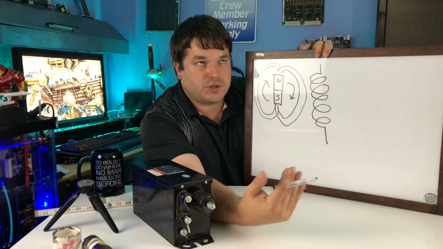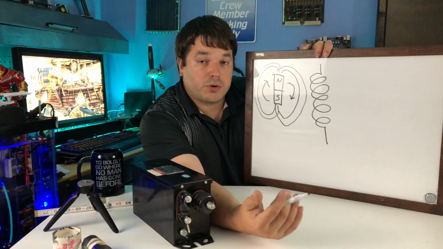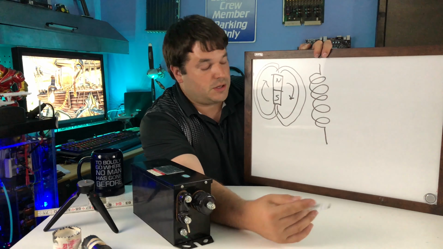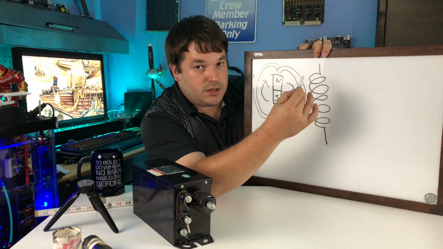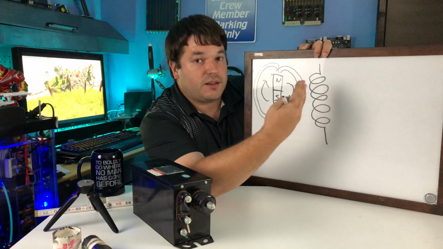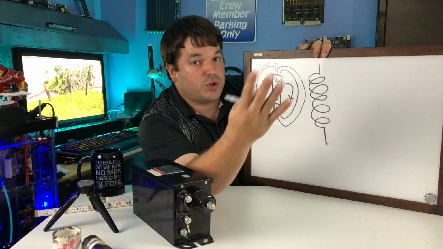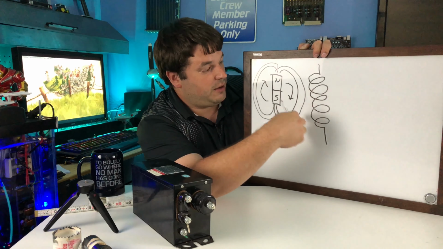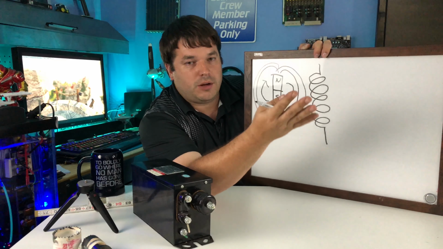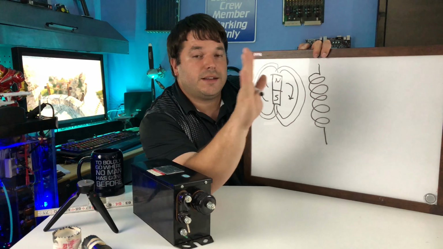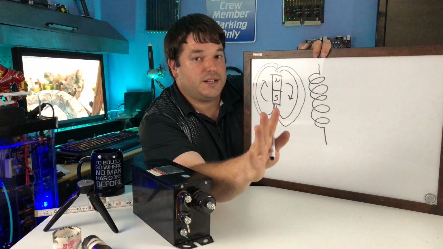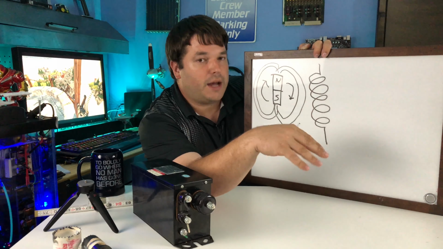That's the generation principle. The motor principle works in the inverse. We take a conductor, we feed it electricity, which then produces a magnetic field and pushes our already existing magnetic field. That's the very basic DC motor idea.